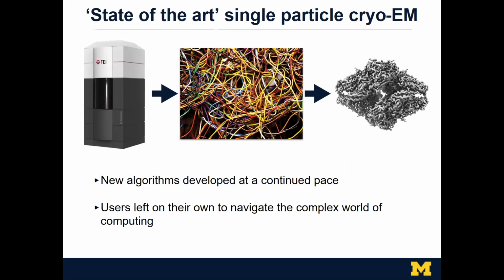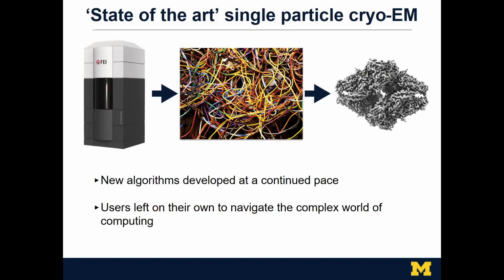And after data collection, in the downstream, you have to do computation. So it's all data processing. A lot of new algorithms are developed at a continuous pace. But still, users are left on their own to navigate the complex world of computing. So with the higher throughput, people don't want to waste too much time on the bad data.